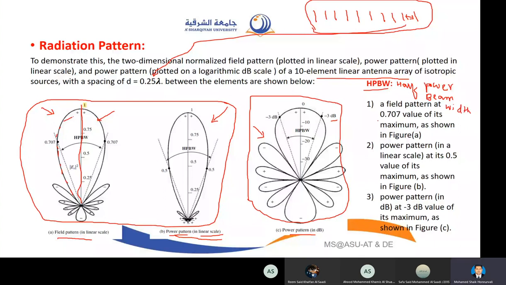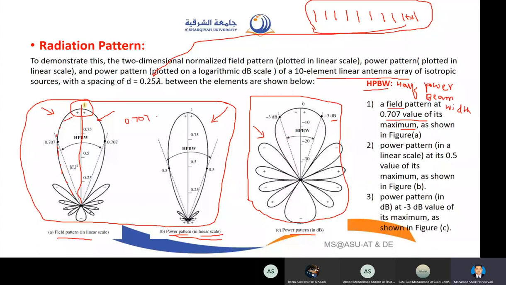Half power beam width is nothing but the angular separation. So for example, if you are having a field pattern graph, then it is 0.707 value of its maximum. So what is the maximum here? The maximum intensity of the electrical field is 1. For this maximum value, you need to multiply by 0.707.